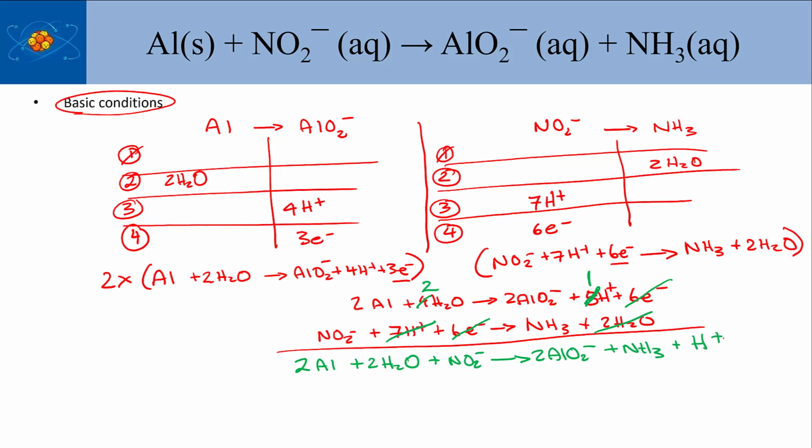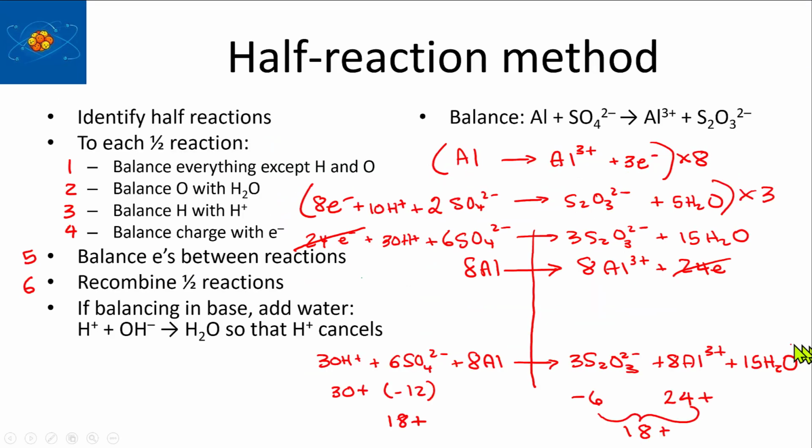Now, if it's going to be under basic conditions, then we add this reaction at the bottom so that the H pluses cancel out. It's H plus OH minus makes H2O.